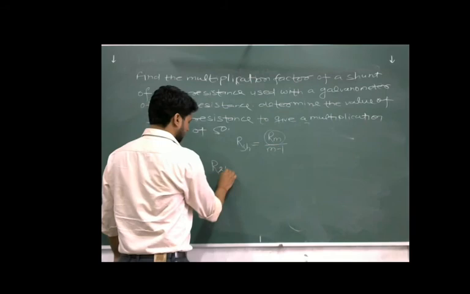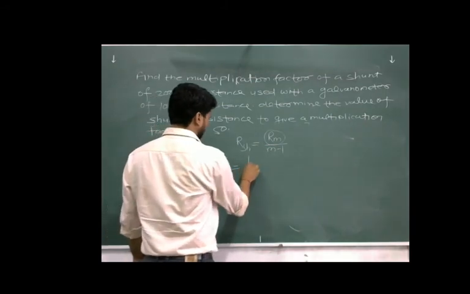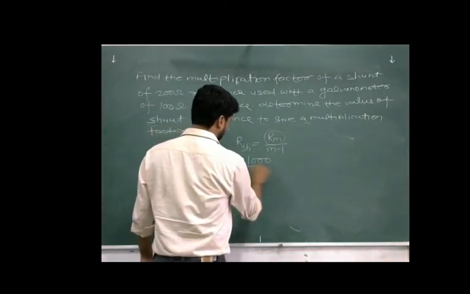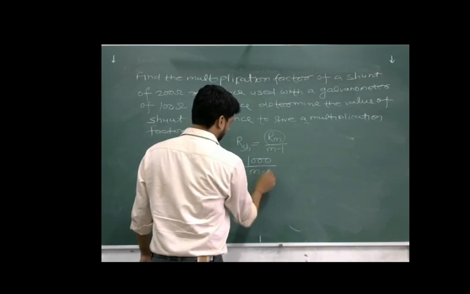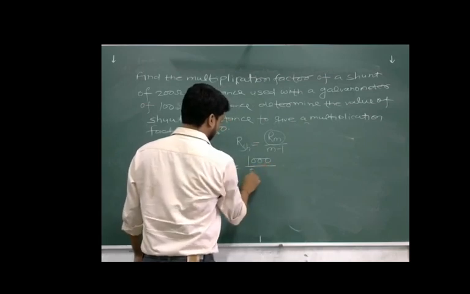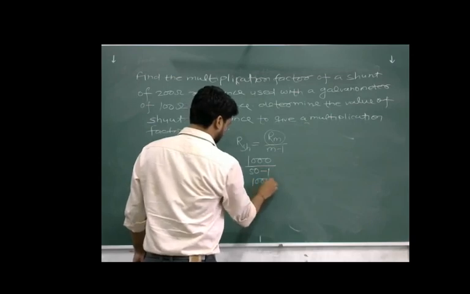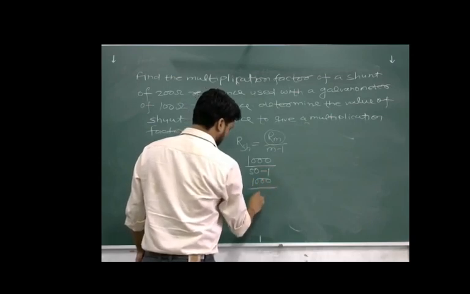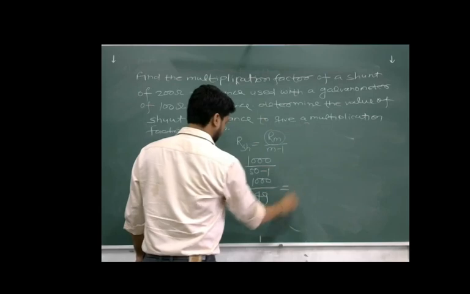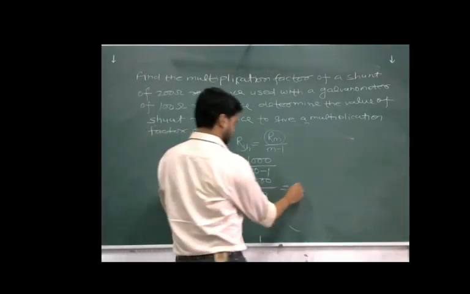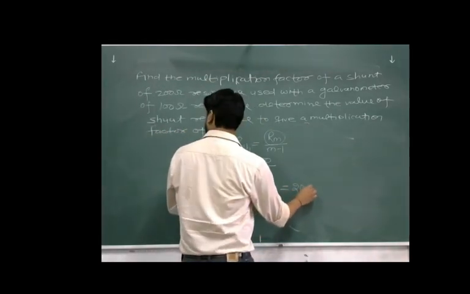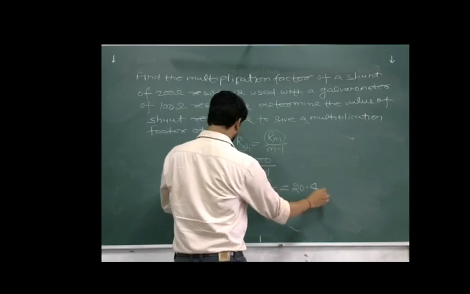RSH is equal to 1000 upon m minus 1. The value of m is 50. 50 minus 1 is equal to 1000 upon 49. This will give about 20.4 ohm.